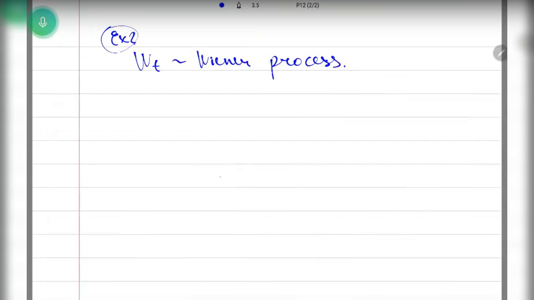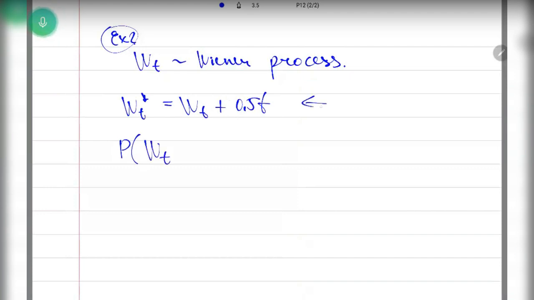And I will add a small drift. Let's say that Wt star is Wt plus, let's say, 0.5 times t.